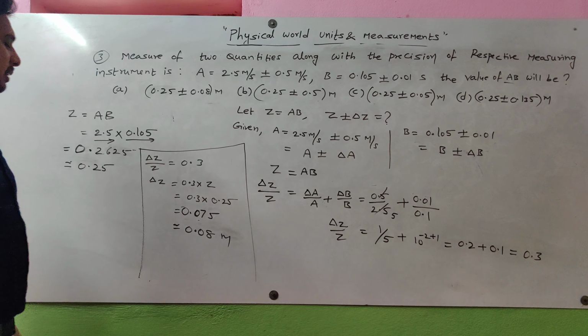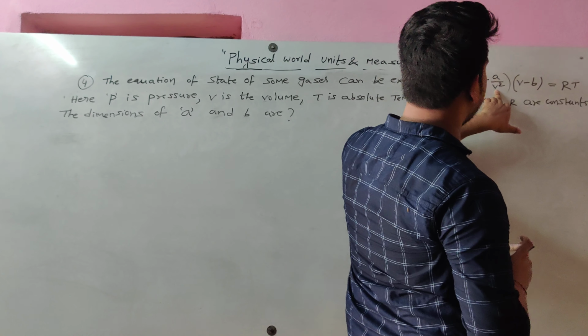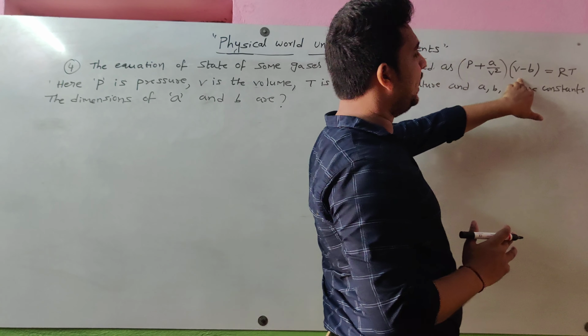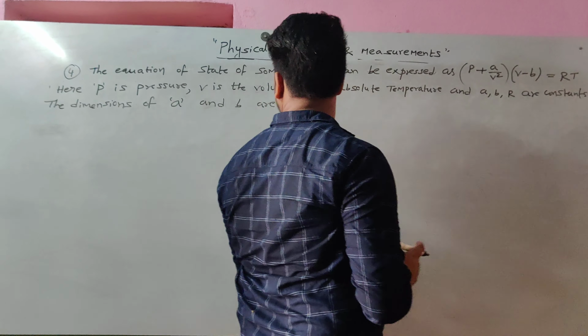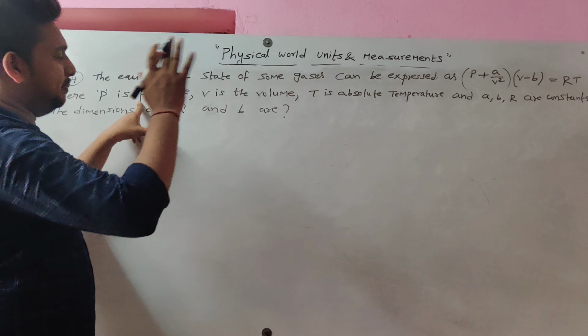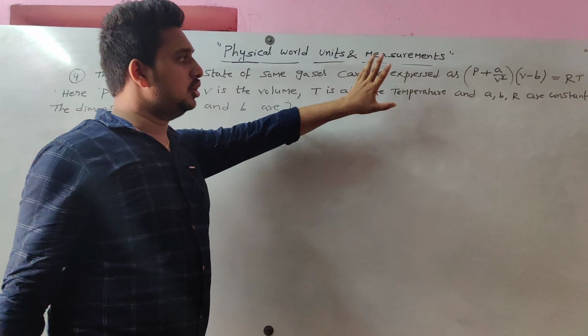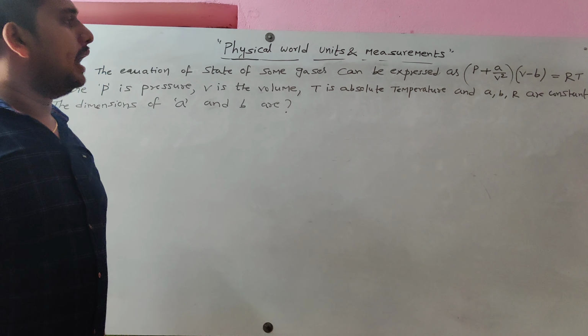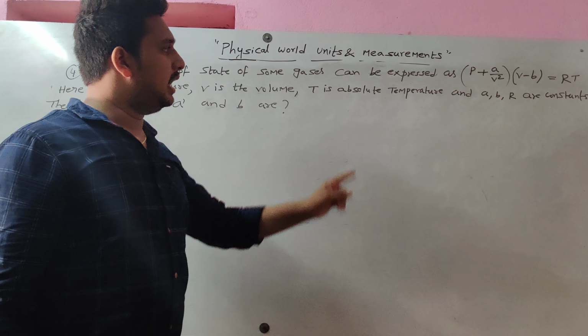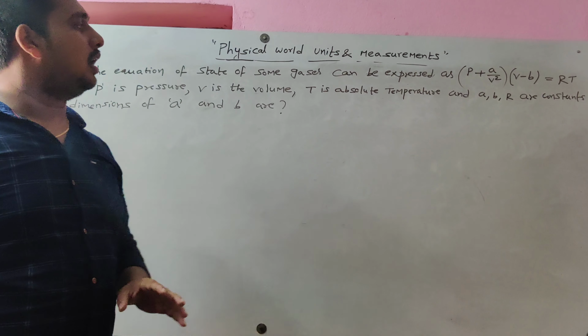Problem number 4. The equation of state of some gases can be expressed as P plus A by V square, into V minus B, is equal to RT. Here P is pressure, V is volume, T is absolute temperature, and A, B, R are constants.